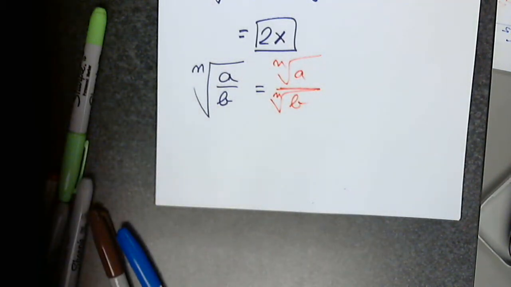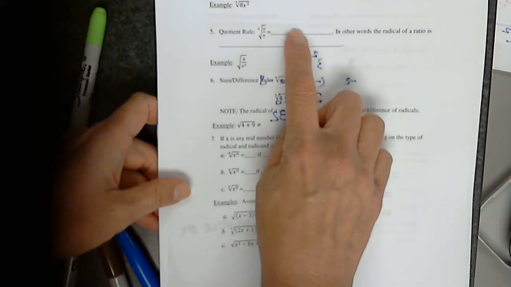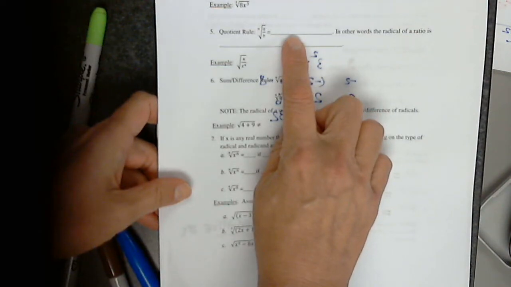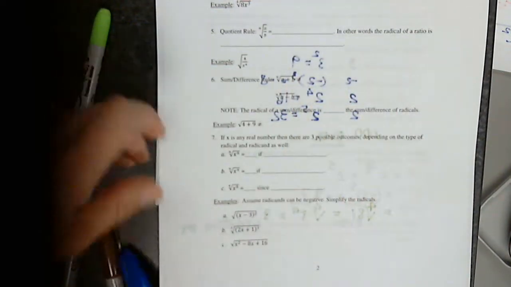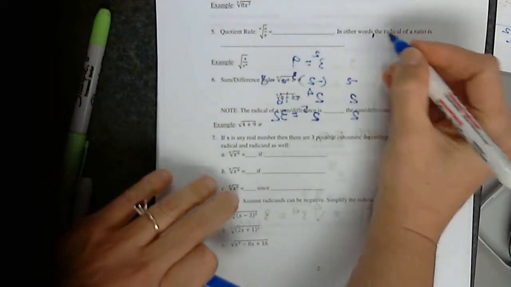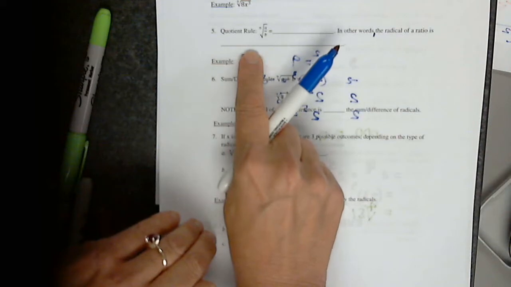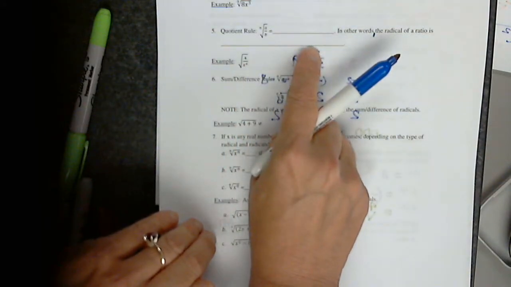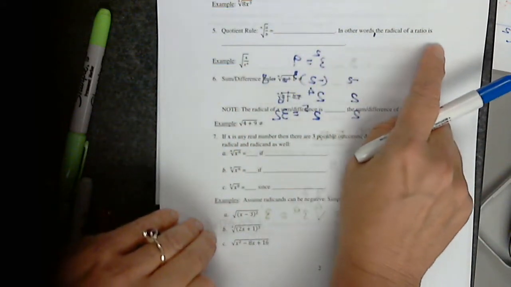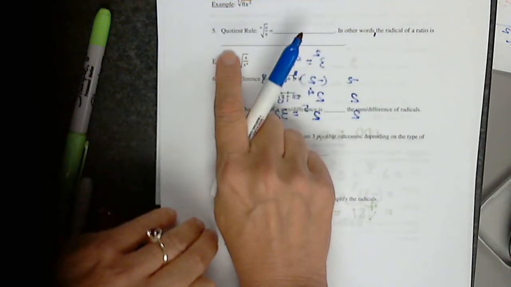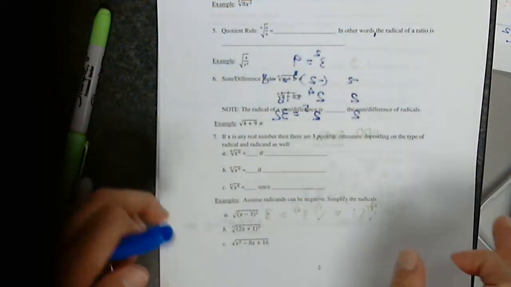So you can put it in. So it's the nth root of A over the nth root of B. In other words, comma, for some reason I left all my commas out. The radical of a ratio is the ratio of the radicals.